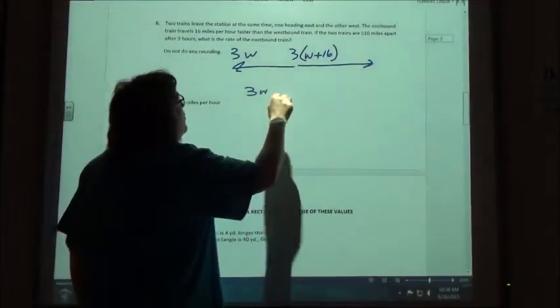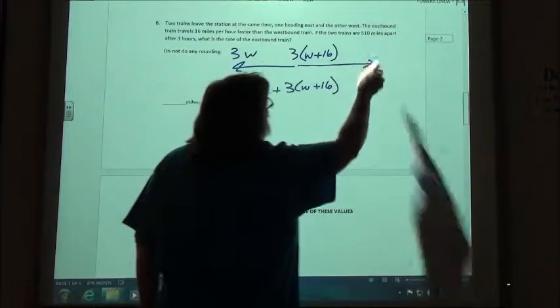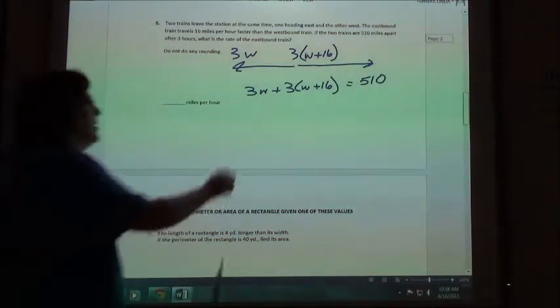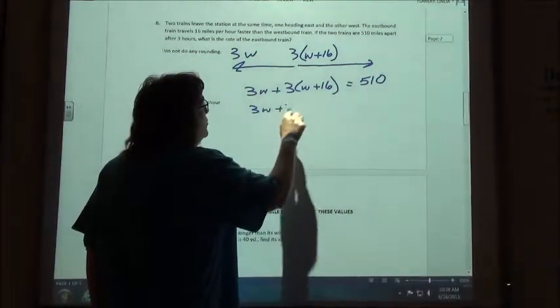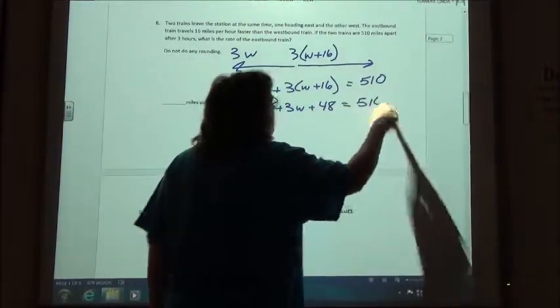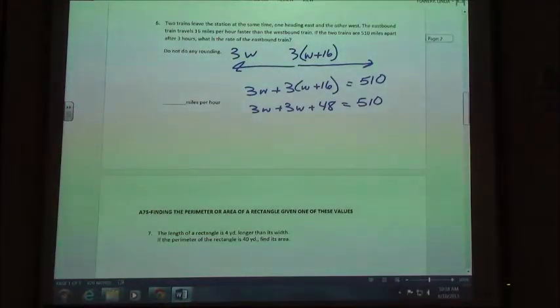So 3W plus 3 times W plus 16 should be the total miles, 510 then. So 3W plus 3W plus 48 must be 510 when I use my distributive property there and get rid of my parentheses.